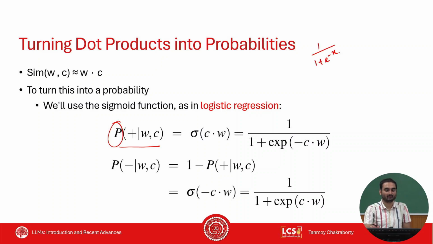The beauty of the sigmoid function is that it squashes everything between 0 and 1. Machine learning researchers always prefer this sigmoid function because not only does it produce a probability, but the derivative also has a beautiful formula: the derivative of sigmoid is sigmoid times 1 minus sigmoid.